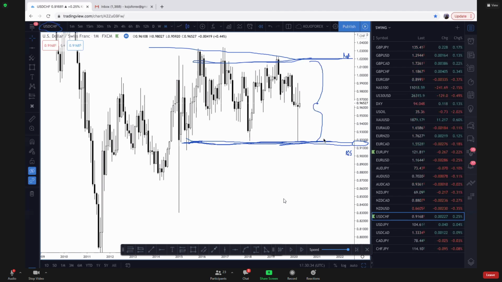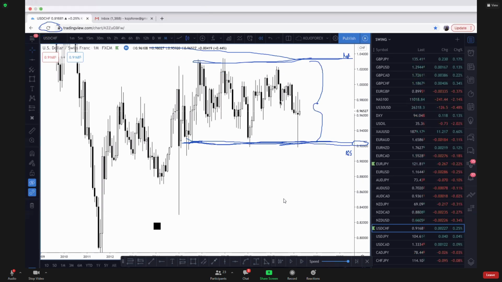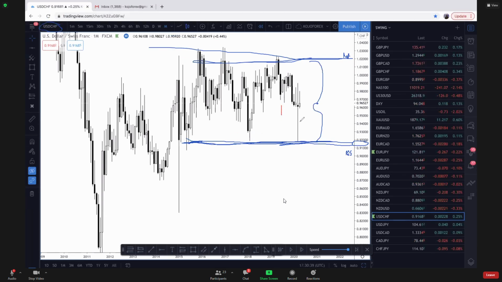Now I know that from here to here is 1,000 pip, but I want to do something next. I want to divide it into equal halves. You can again use your calculator to do that. 0.9200 plus 1.0200 divided by 2, I think you get something like 0.9700, right?